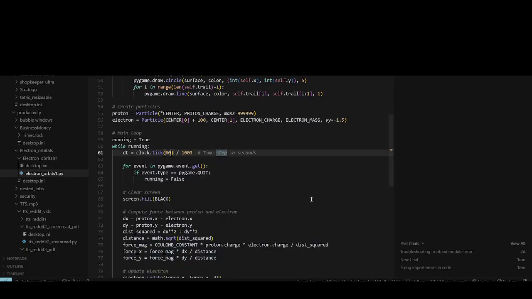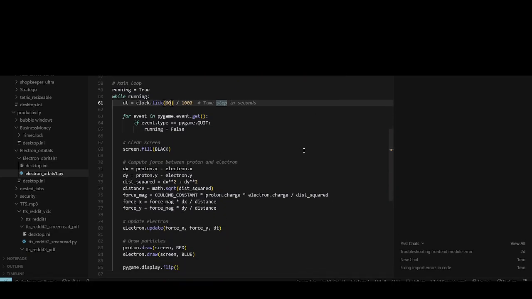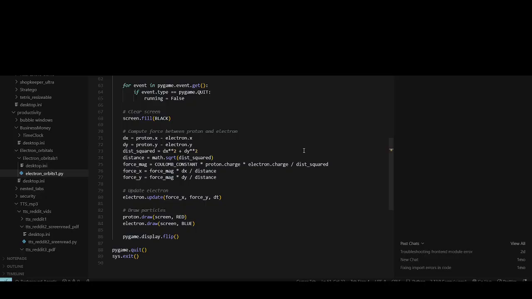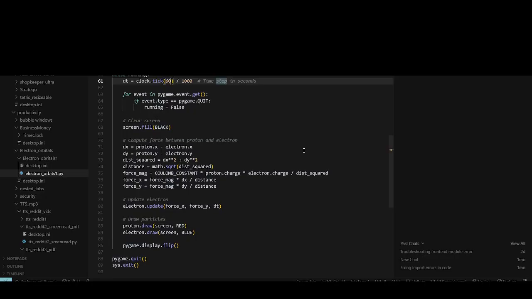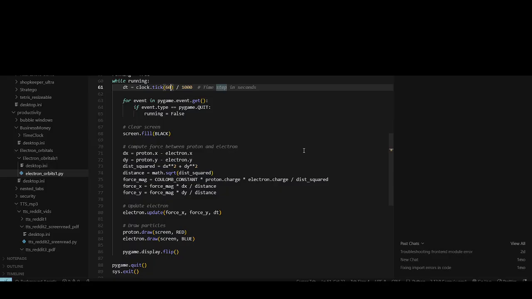So there. Time step in seconds. Okay. dt equals clock tick 60 over 1,000. So 1/60th of a second.